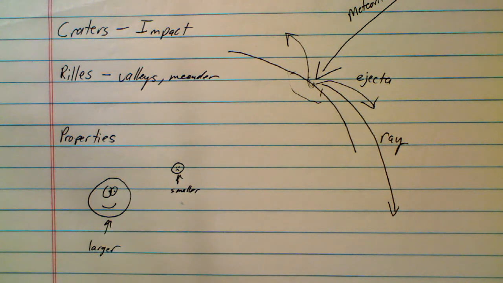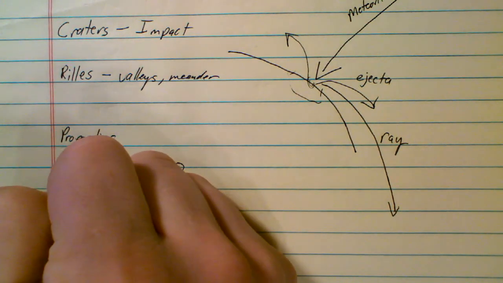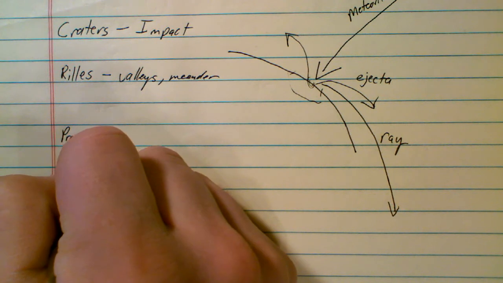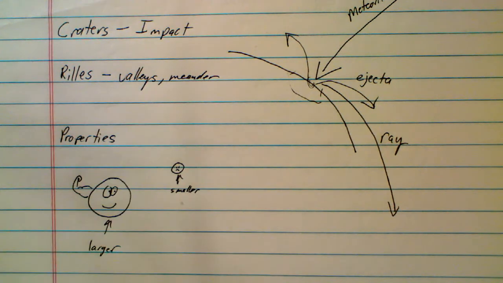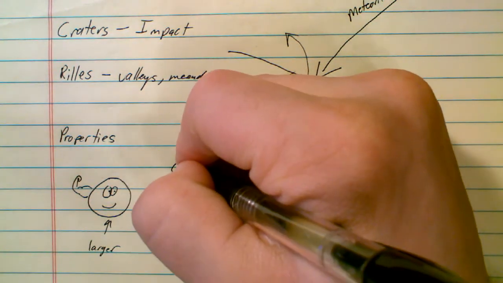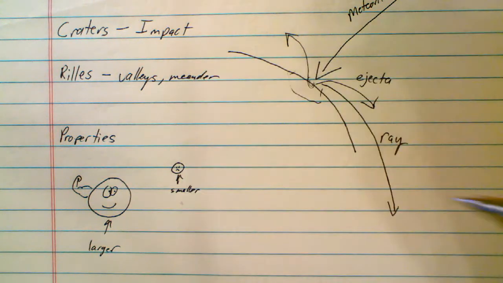So our moon is bigger compared to other planets. Our moon is also made out of mostly solid rock body. So he's got big muscles here. Whereas our smaller moons have an icy core.